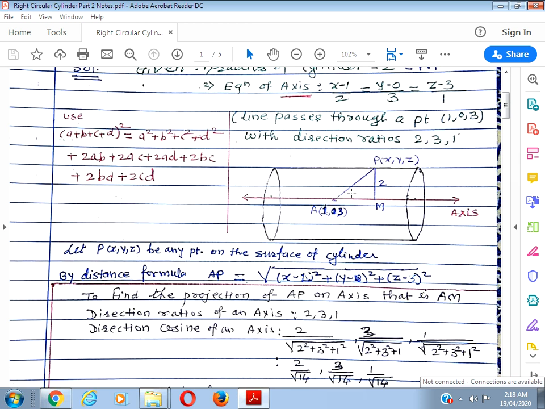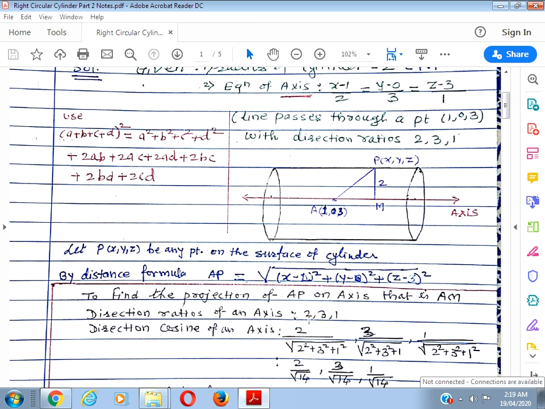The direction ratios of AP are x minus 1, y minus 0 and z minus 3, and the direction cosines of axis must be known to you. So here from this line, direction ratios of this axis or line are 2, 3 and 1. And once you know the direction ratios, you can find out direction cosines.